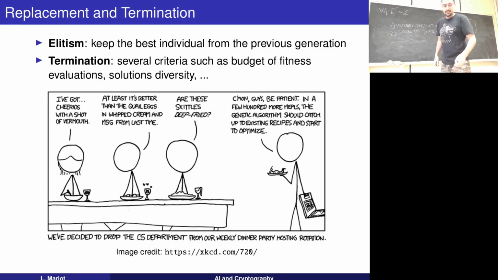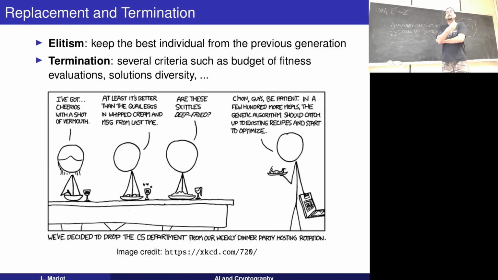The basic thing is that, like you see here in this webcomic from XKCD, genetic algorithms or evolutionary algorithms in general need to be carefully set from the parameters point of view, like for example the termination condition, because it takes time for them to find, hopefully, the global optimum of a function that we are trying to optimize.